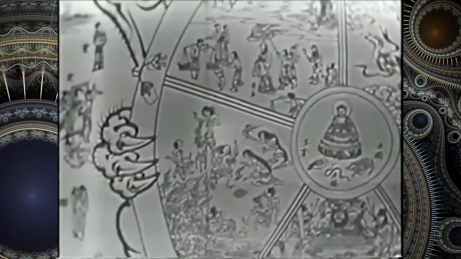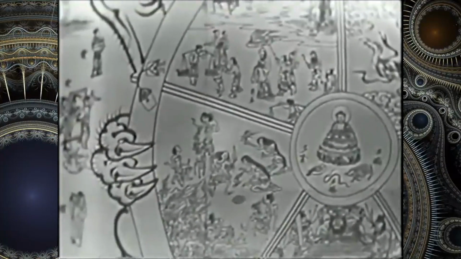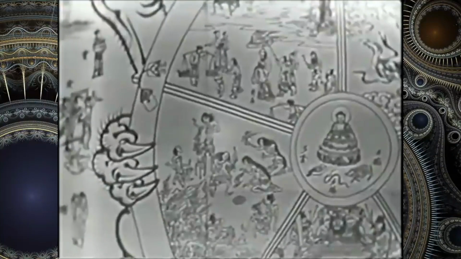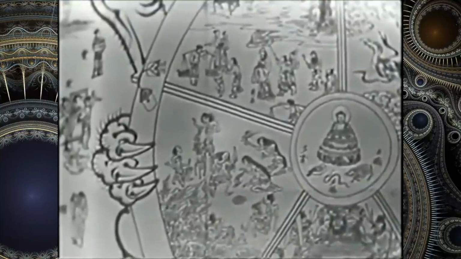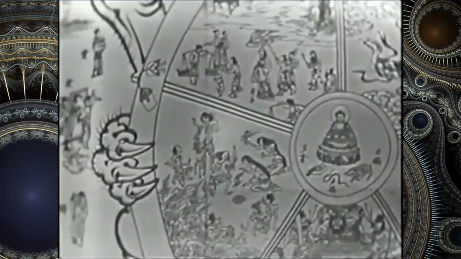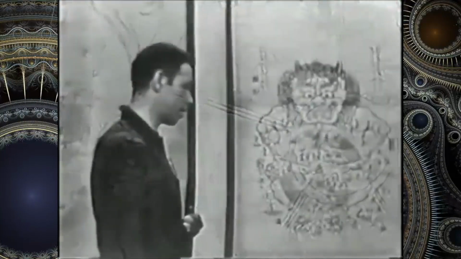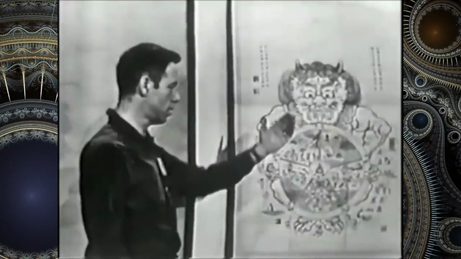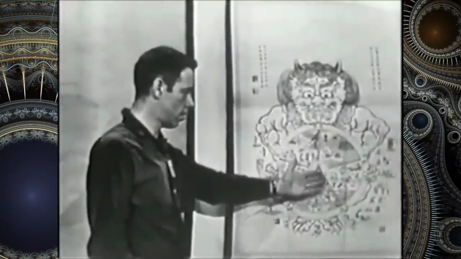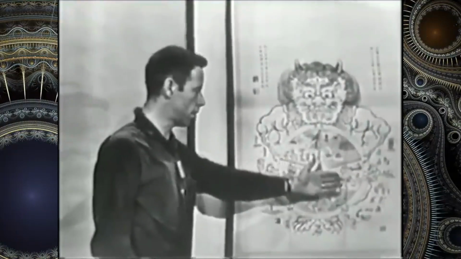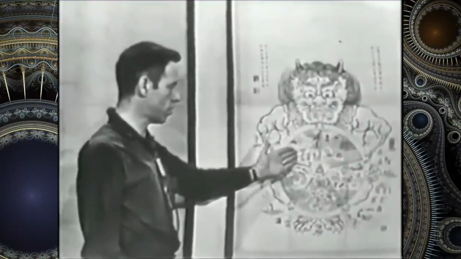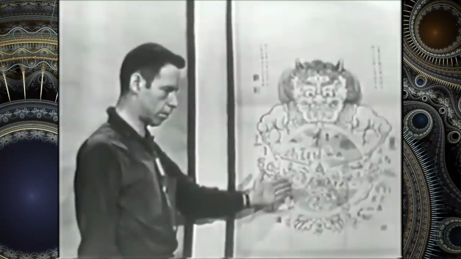And the idea is, you see, that in the course of his development, the individual goes through life after life. If he does well, he ascends towards the heavens. If he does ill, he descends to the hells. Or he may fall from the human state to the animal state, or fall from the human state to the state of the ghosts.